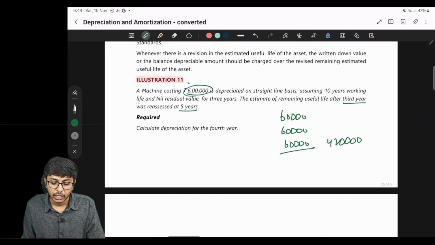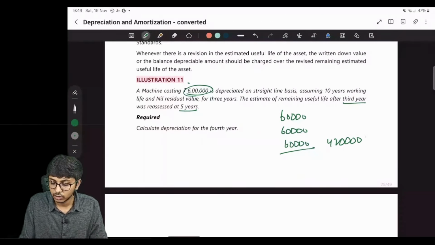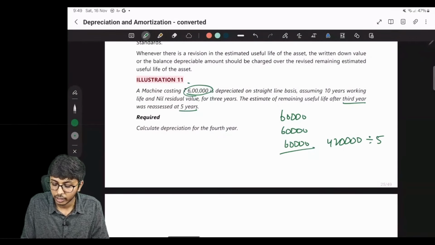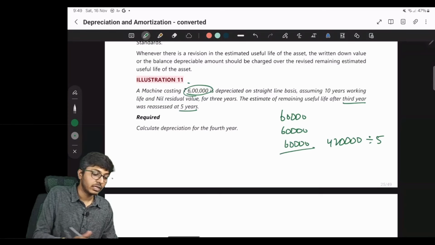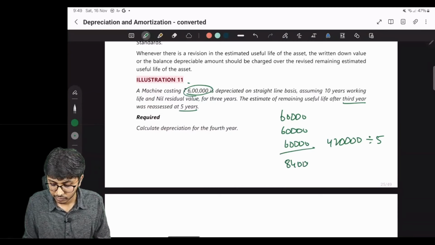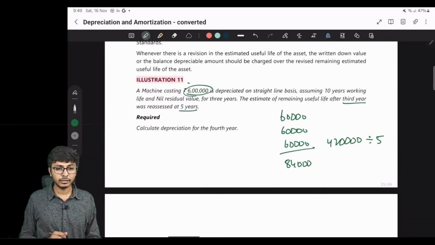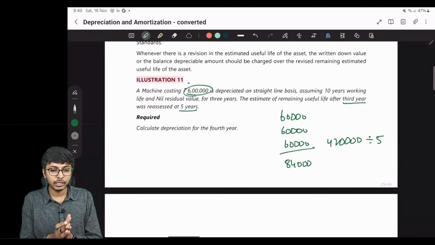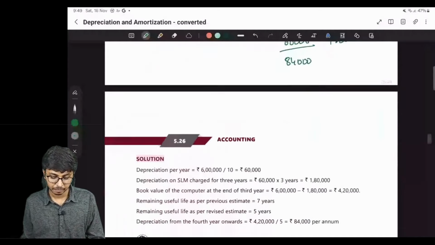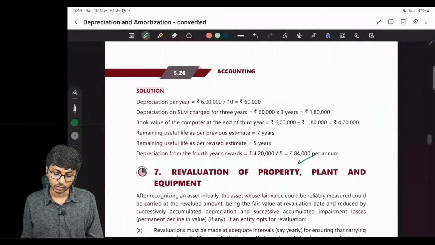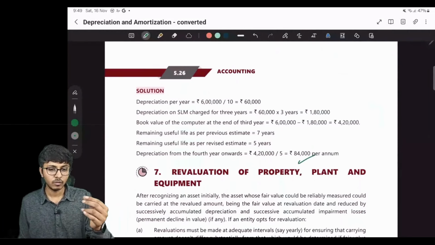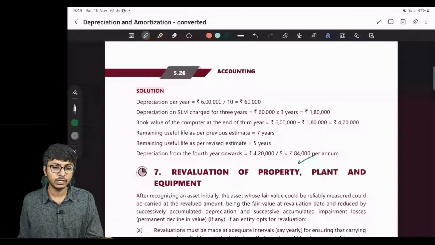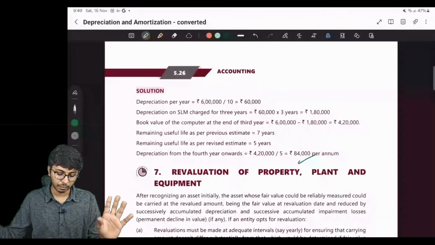Now you are telling it will last only the next 5 years. So simple, divide by 5. The fourth year depreciation will be 4,20,000 divided by 5, which is 84,000. Clear? So take the balance and depreciate over the remaining useful life. That's how you will calculate. This is very easy, right? It's not difficult at all. Take the balance, remaining useful life, apply it.